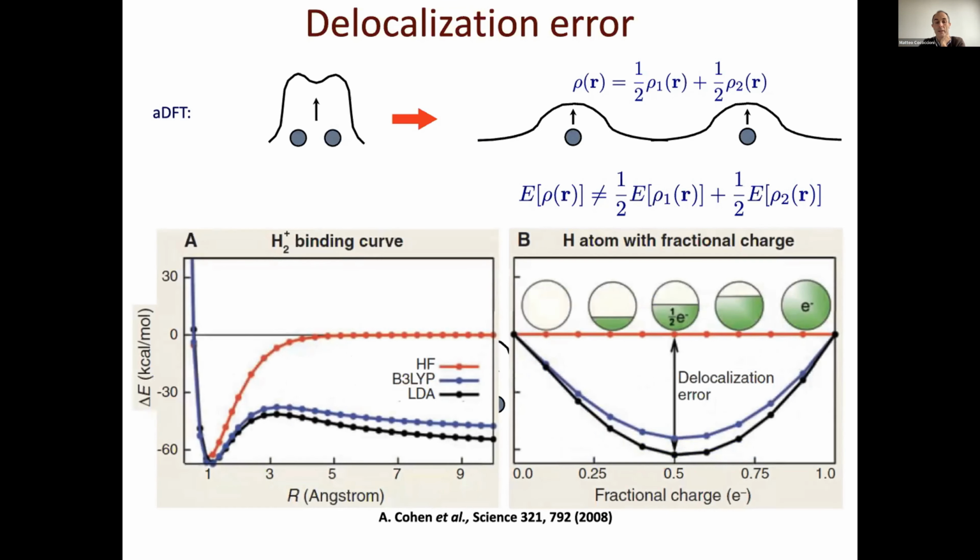That was nicely discussed in the paper that Professor Marzari was also referring to yesterday, where you see that Hartree-Fock is exact for the delocalization error for a one-electron system, basically, and DFT functionals of various kinds instead fail in this prediction.